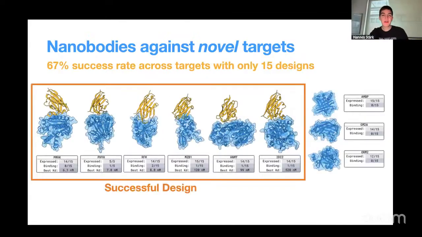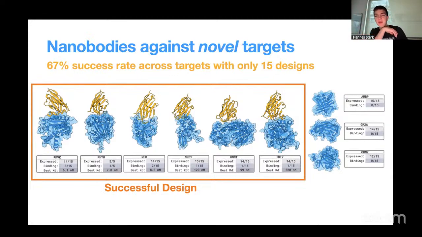And then we find that against 6 of the 9 targets, we find nanomolar binders, where as long as something is nanomolar, it's considered good, and low nanomolar is considered quite good. And if you have sub-nanomolar, it's considered very good.